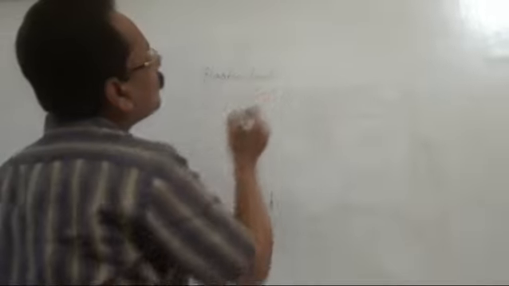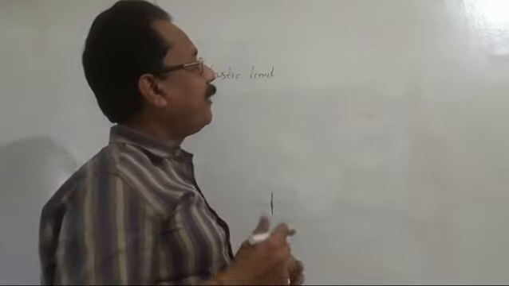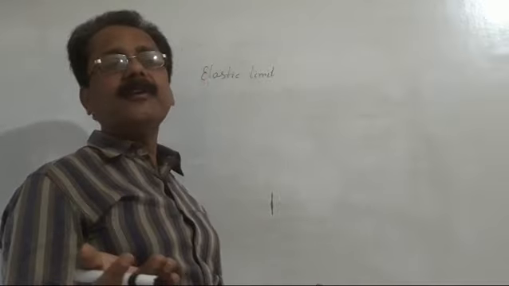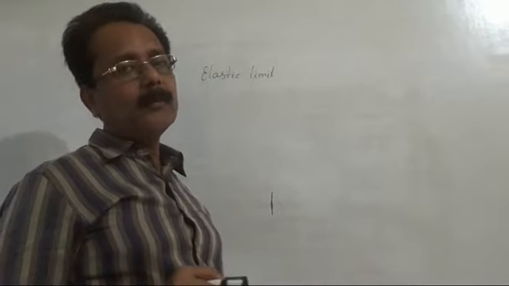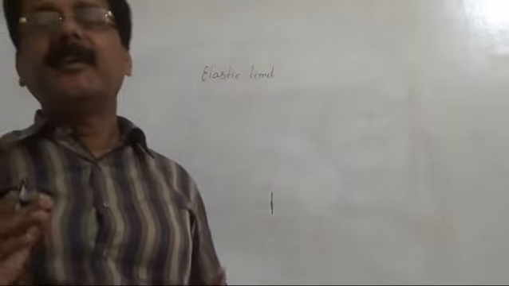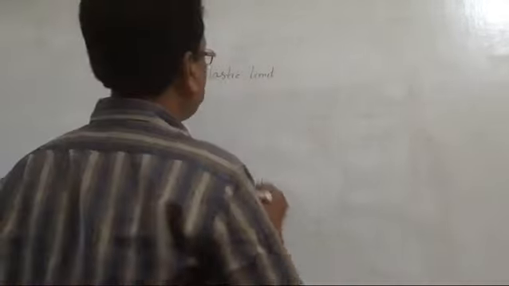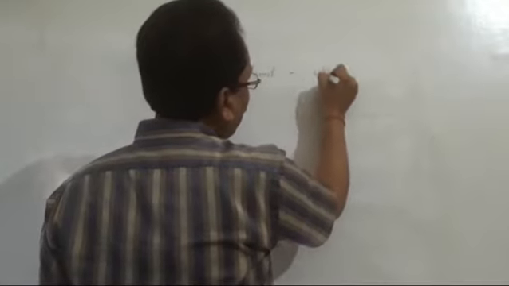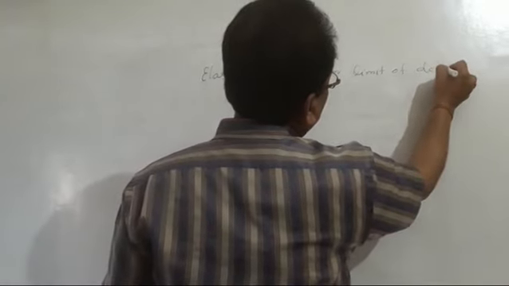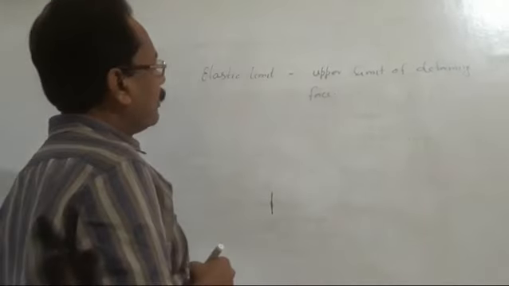This is the uppermost force up to which when we apply a deforming force and after removal the body regains its original position. But beyond this the body does not regain its original position. So elastic limit is the upper limit of deforming force. Okay? So this is the strain.